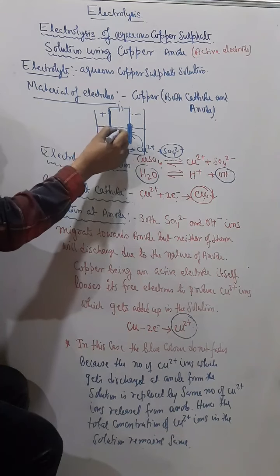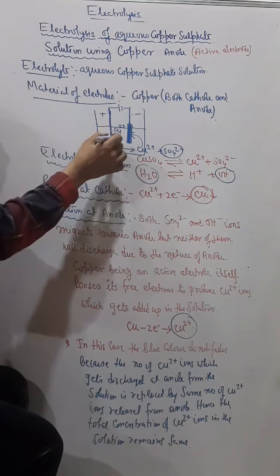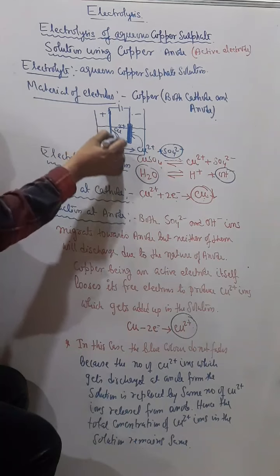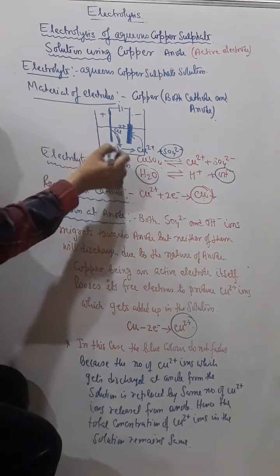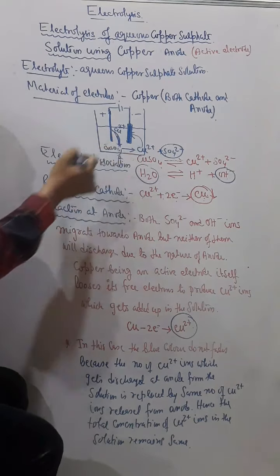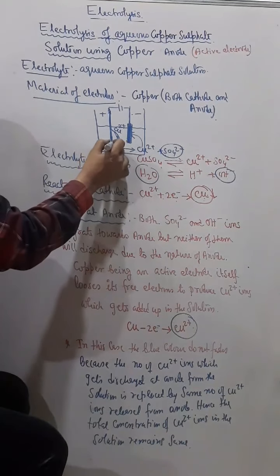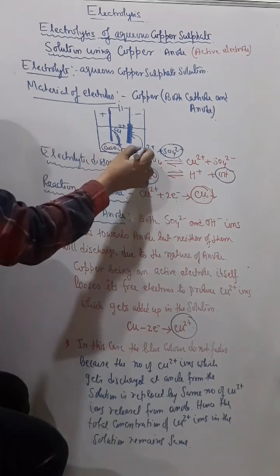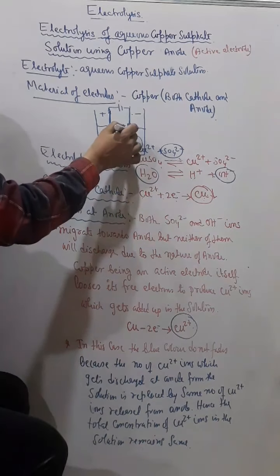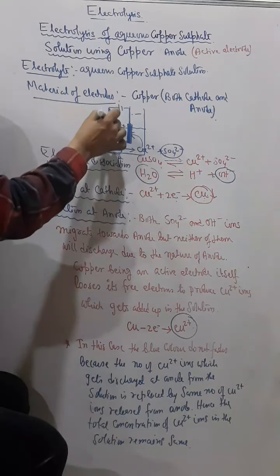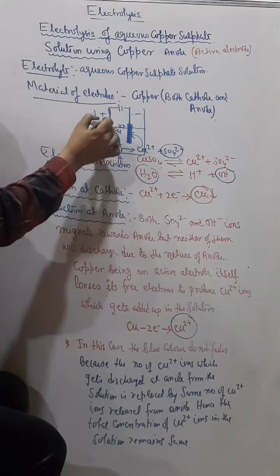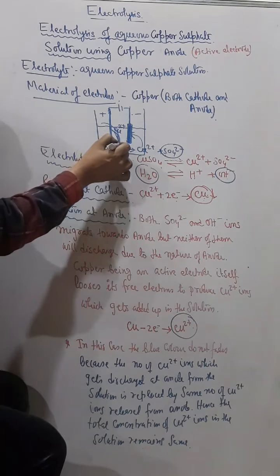So from this anode Cu2+ ions get released every time. So finally you can understand, from copper sulfate, copper ions are discharged at the cathode, and from the copper anode, copper ions get added up again in the solution.